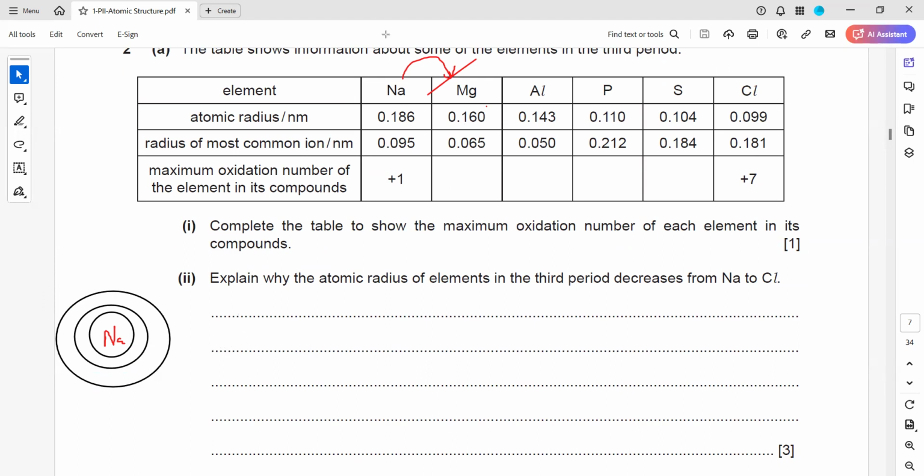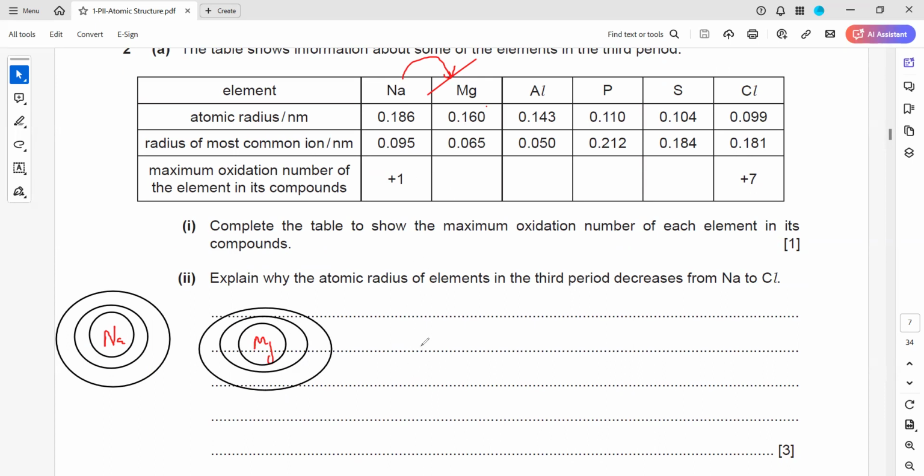Magnesium: in terms of orbital, there will be a small difference in the shielding effect between magnesium and sodium, but in terms of shell, they have the same shielding effect. First shell 2 electrons, second shell 8, third shell only 2 electrons.